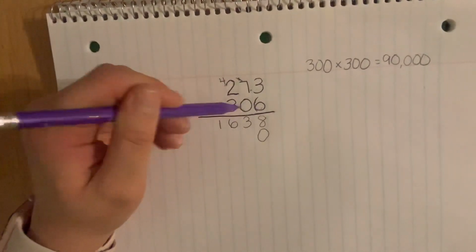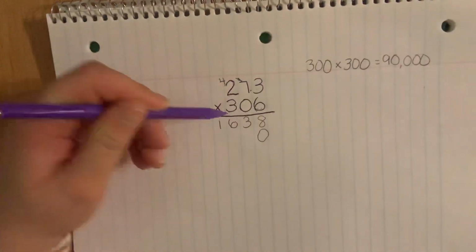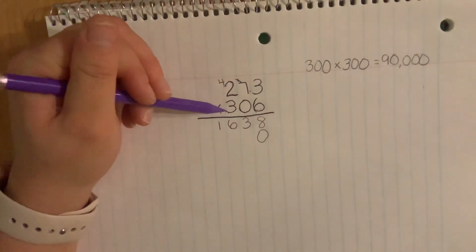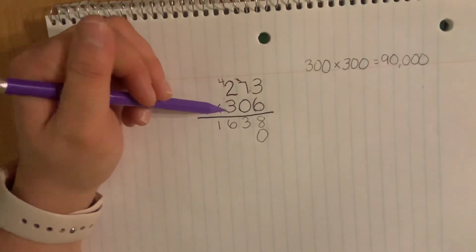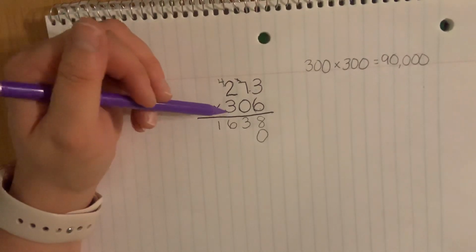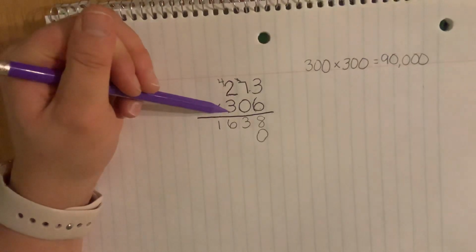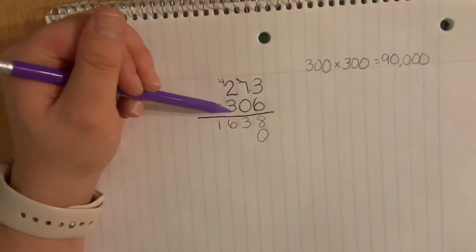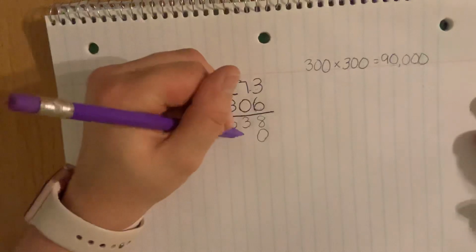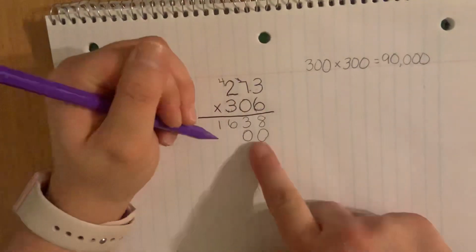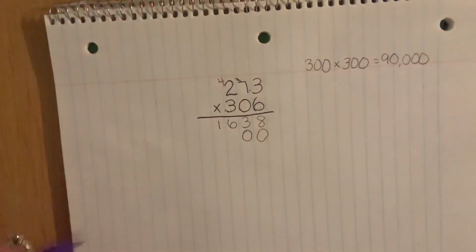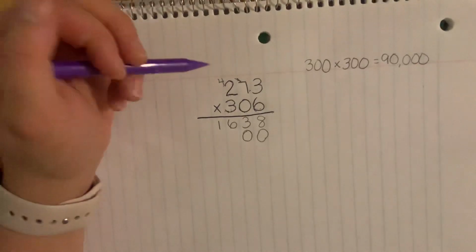So we're just going to move right over to this 3. And if you look at this 3, you're going to be able to see that it's in the hundreds place. So not only are you going to have 1 zero, you're going to have to do 2 zeros because we're not multiplying by 3. It's actually 300 we're multiplying. So those 2 zeros are just going to set us up for easier multiplication.